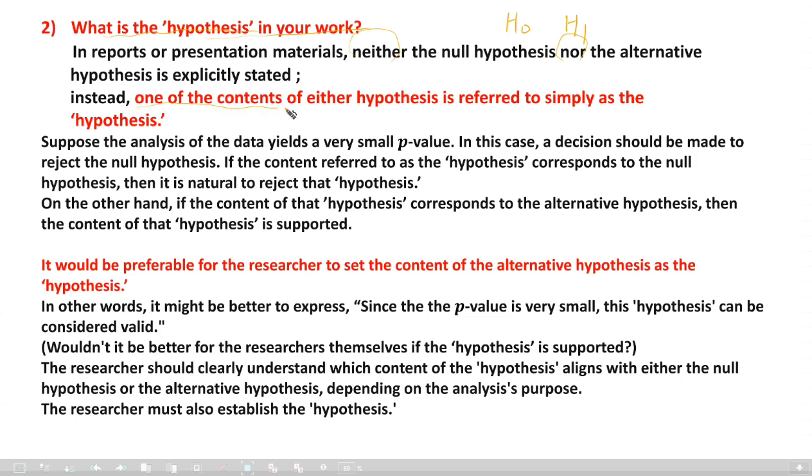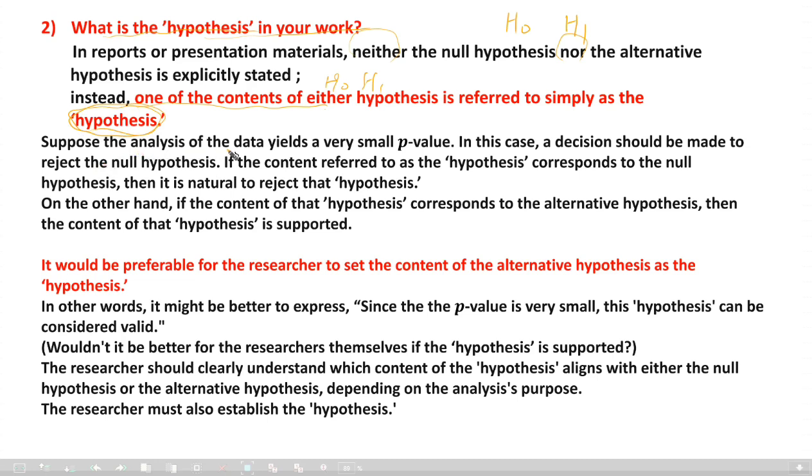Instead, one of the contents of either hypothesis, H0 or H1, is referred to simply as hypothesis. There is one hypothesis, but you have to know the contents of your hypothesis is H0 or H1. You have to understand that.